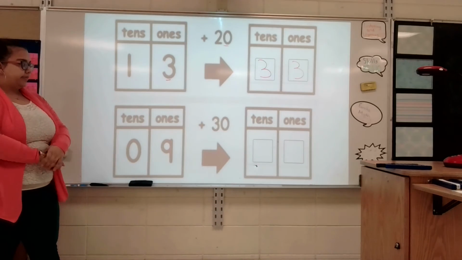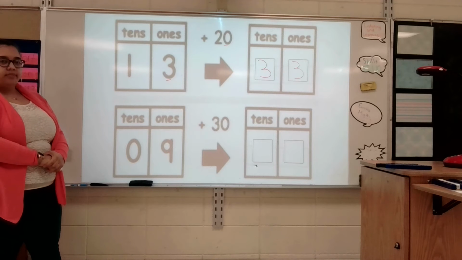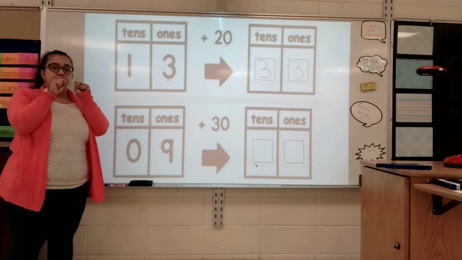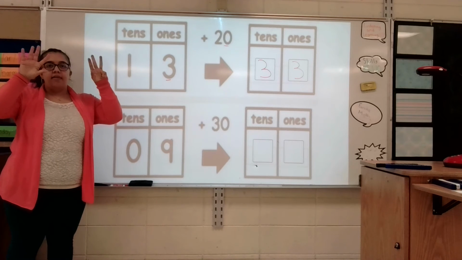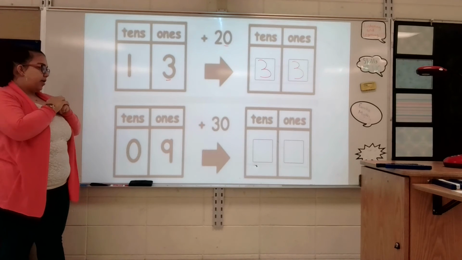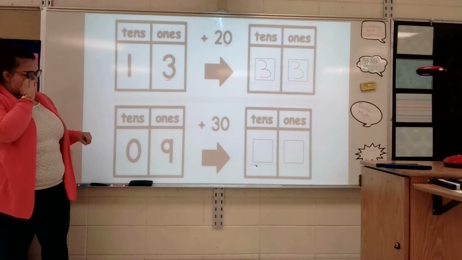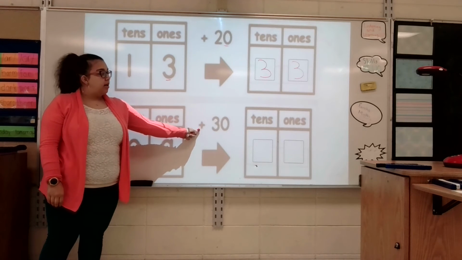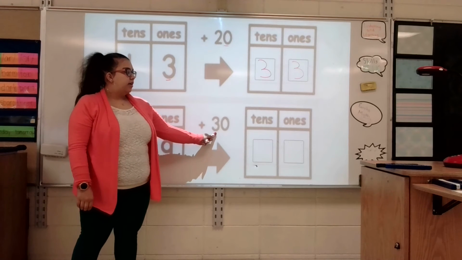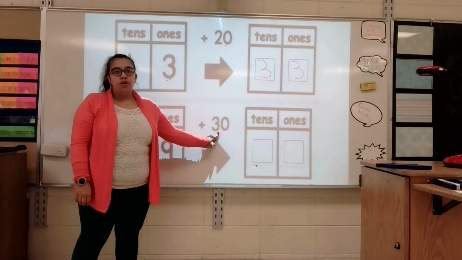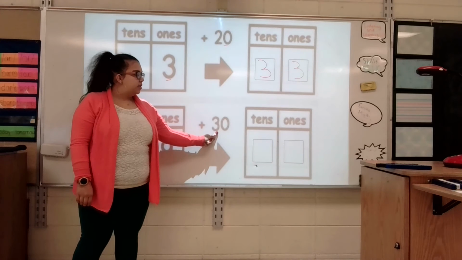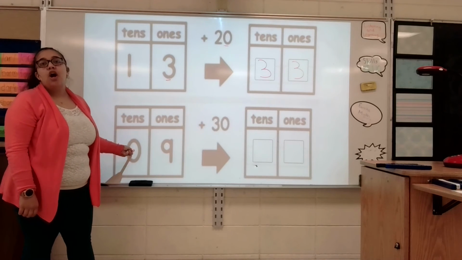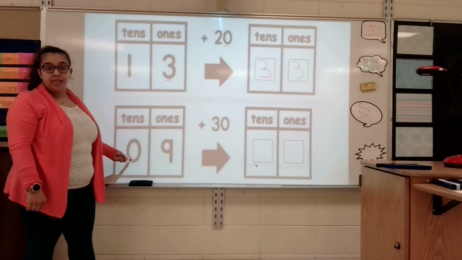Now, what do we have here? 0 tens and 9 ones. Good. So 0 groups of 10, but we have 9 ones. Okay. Now, in this, we are again increasing by 3 groups of 10 because this 3 is in the tens place, which means from no tens, remember we said 0 is our number symbol to represent none.